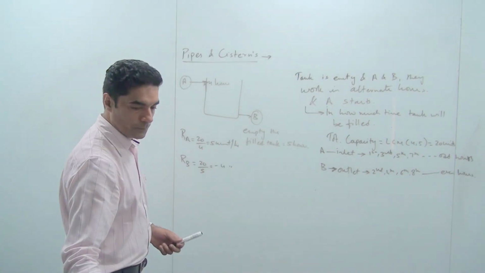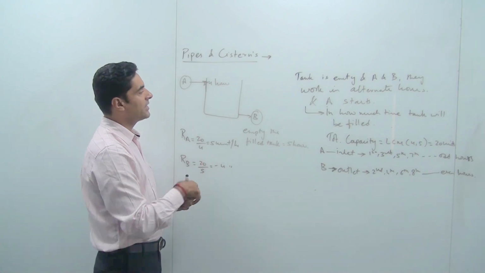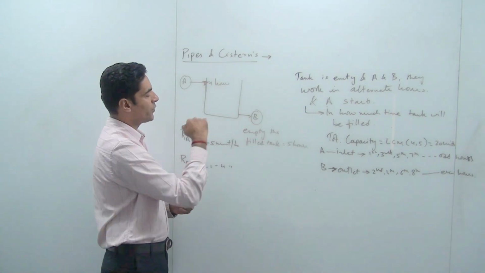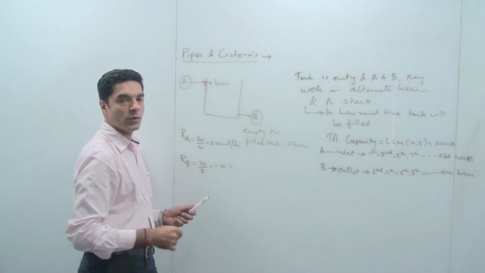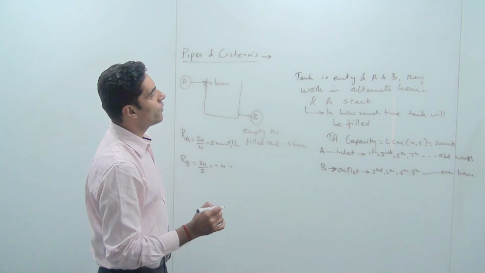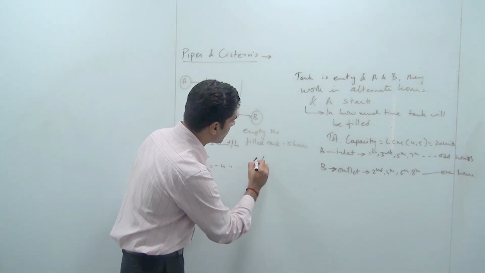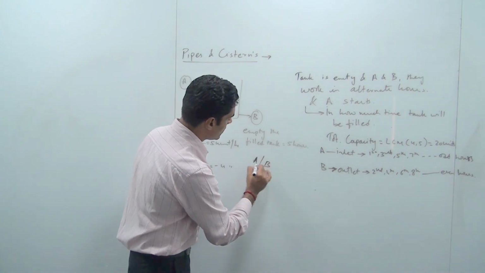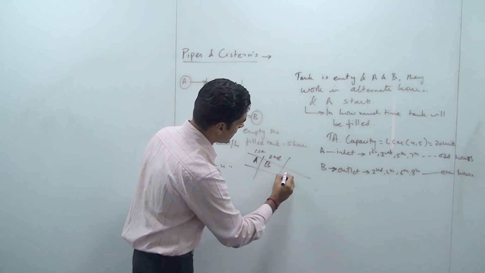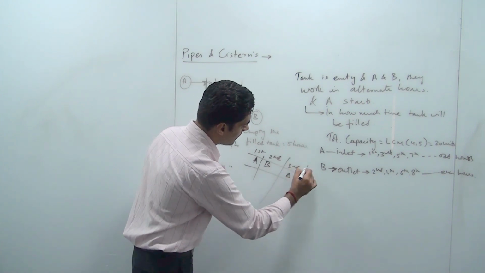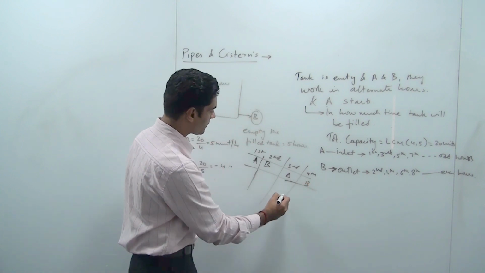Now again, going by the same concept, wherein I have assumed that the total capacity of the tank is the least common multiple of 4 and 5, which is 20 units, you can find the rate of A, which is 5 units per hour, and the rate of B, which is minus 4 units per hour. So A and B start working in alternate hours. In the first hour A is working, in the second hour B is working, then again in the third hour A, then in the fourth hour B. Right?